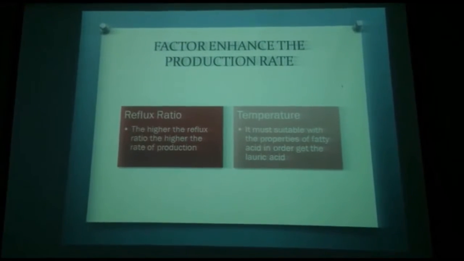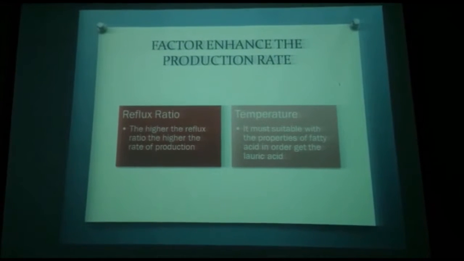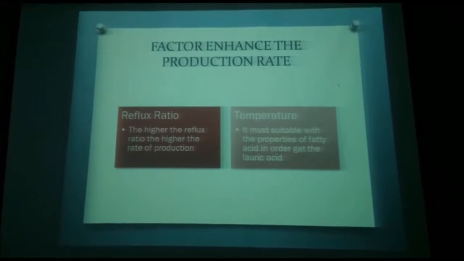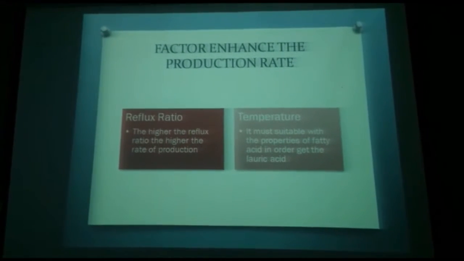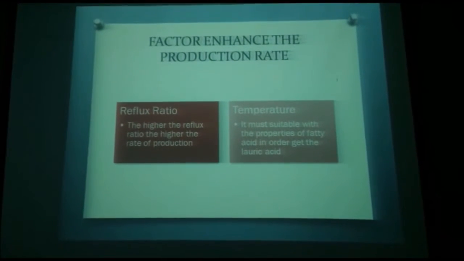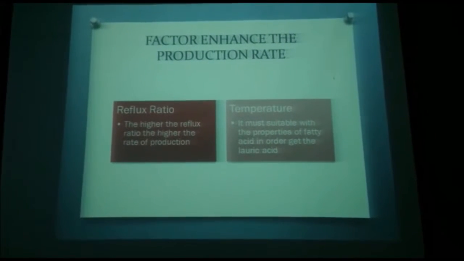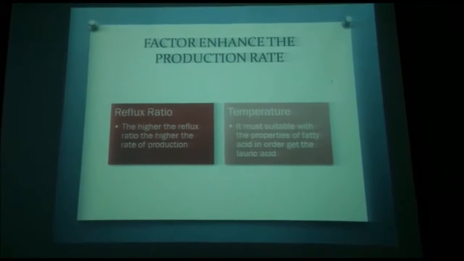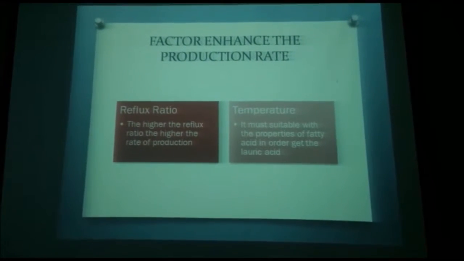When the reflux ratio is increased, the amount of reflux increases. In general, the higher the reflux ratio, the fewer the number of trays required for a given separation. However, too high a ratio may cause flooding in the tower, resulting in poor separation.